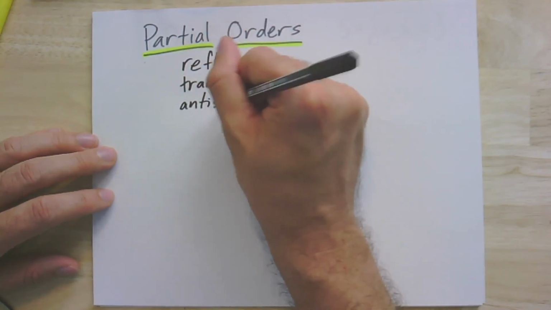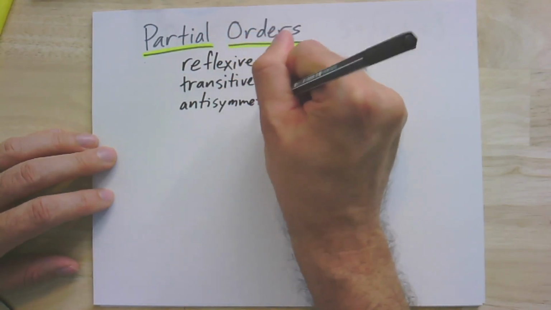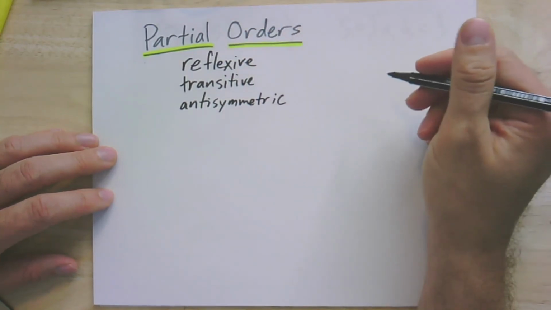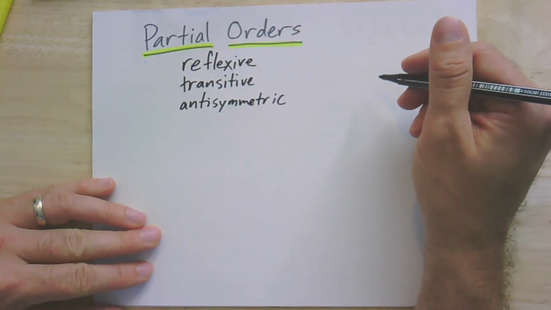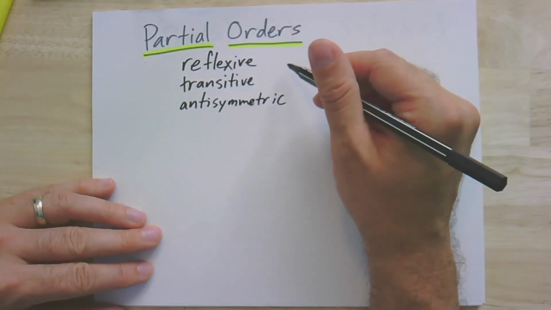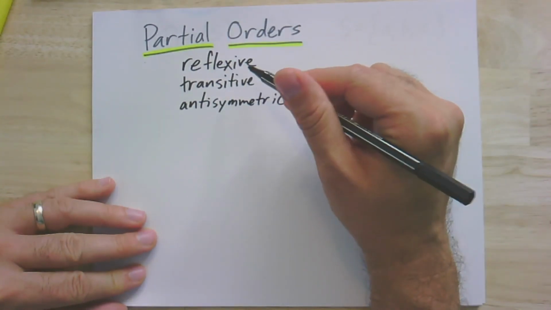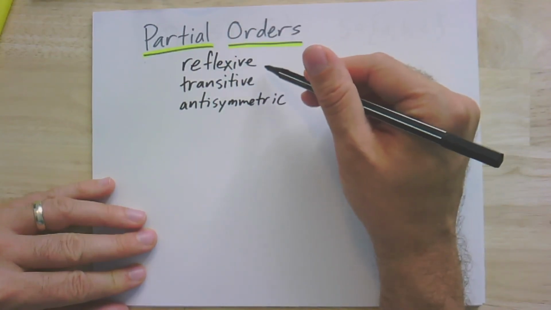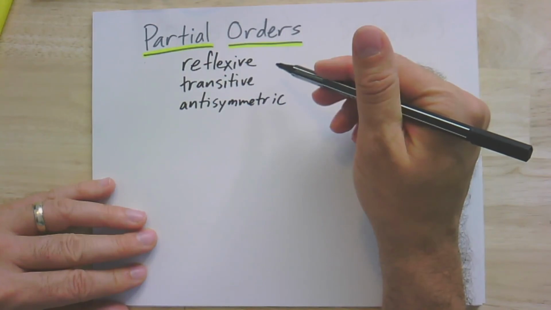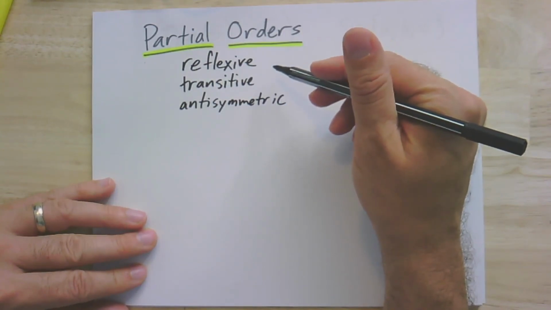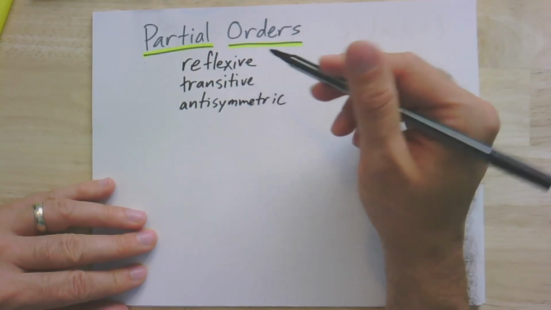So you get from a total order to a partial order just by eliminating the requirement that it's complete. What you end up with is a binary relation where there are pairs of elements of the set that are not related in either direction. If you lose that completeness, there might be these pairs.